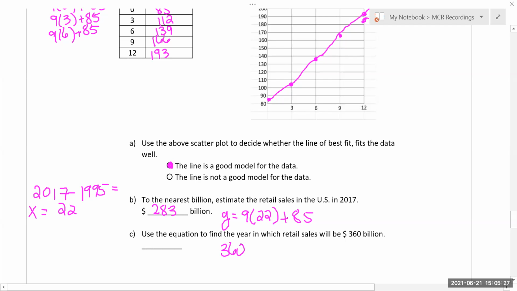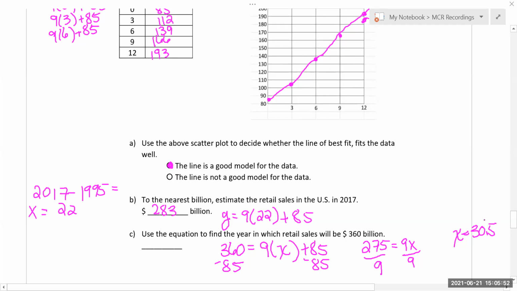And then find the year when they will be 360. That means that's the y. So we're solving for it. So we would subtract the 85. Which gives me 275 equals 9x. Divide by 9. And I get x is 30.5, but I want them to actually be 360 billion.